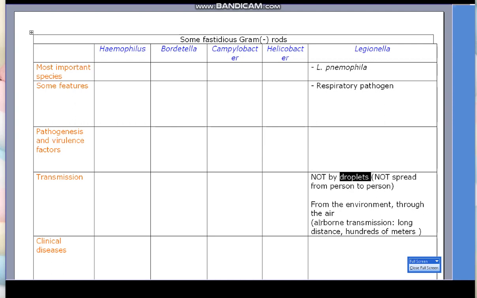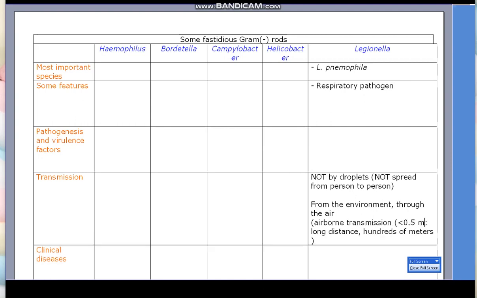However, in airborne transmission, these particles are smaller. The size of these particles is less than 0.5 micrometers. Because they are very small, they can travel a very long distance with the air, hundreds of meters. So they are more dangerous because the transmission is possible over a very long distance. Okay.